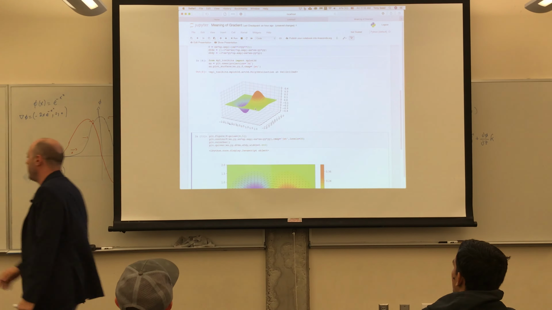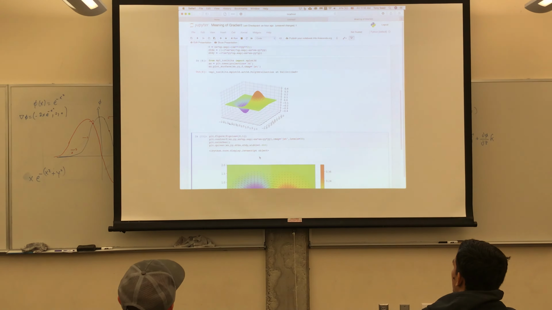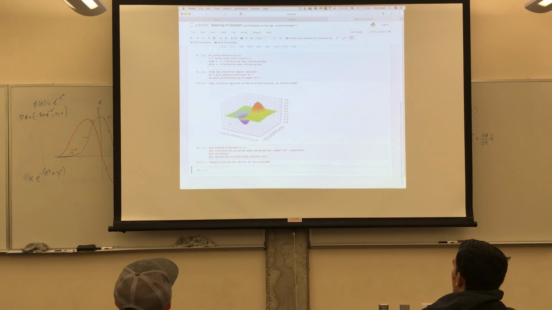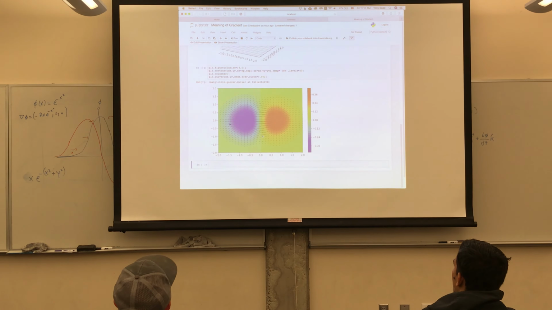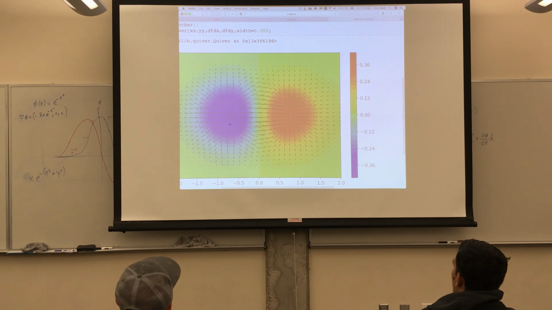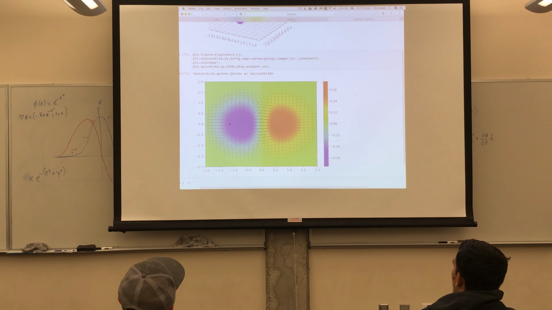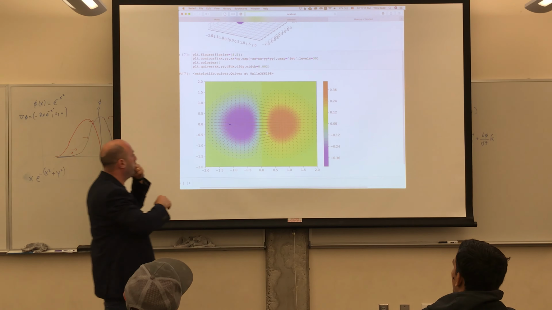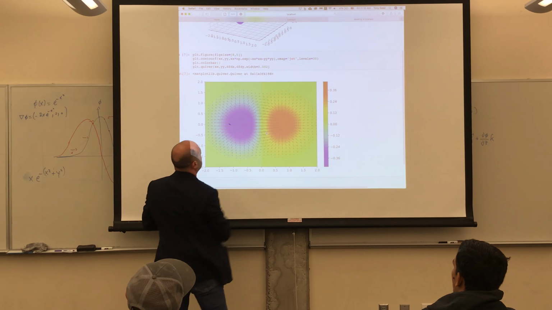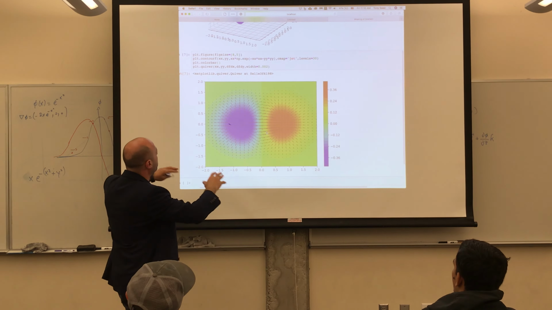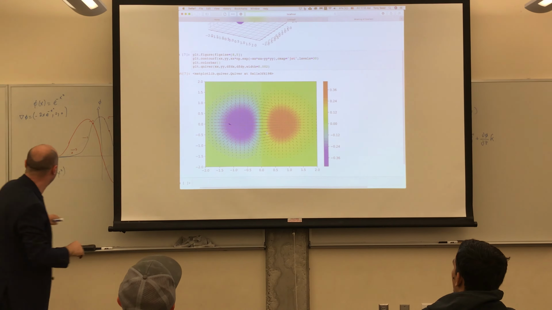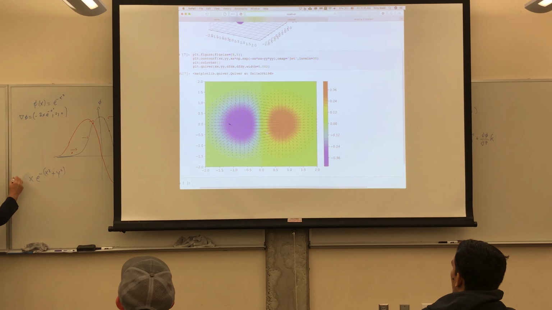So what I'm doing at the bottom here is a contour plot of this same function. And what this is showing is a projection of this two-dimensional function. This is the hill, and this is the valley. And on top of that, I'm overlaying the gradient, grad phi. Okay, this is phi.